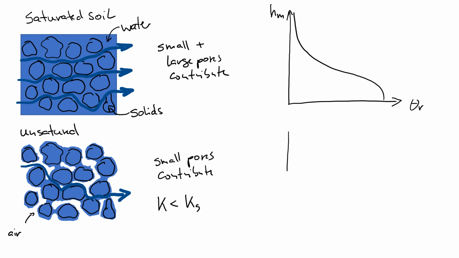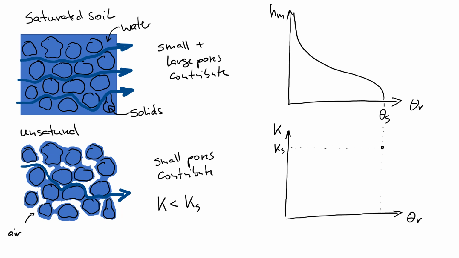And now we want to look at how the hydraulic conductivity decreases as we decrease the water content. We know that the hydraulic conductivity has to be at its highest when the soil is saturated. And that the hydraulic conductivity would decrease as we go to lower water contents.